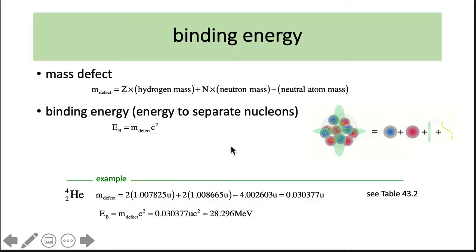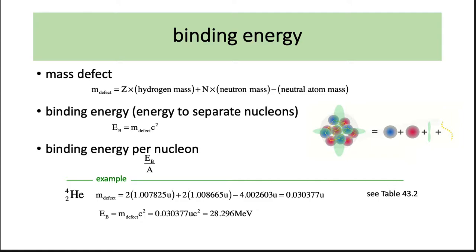There are 4 nucleons in the helium, so this is the energy of the 4 of them. For the binding energy per nucleon, we divide by A, the mass number. In the case of helium, dividing 28 by 4, you get 7.1 MeV per nucleon. That's an indication of how tightly bound each nucleon is when it's in a helium atom.